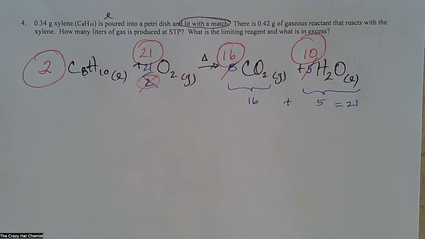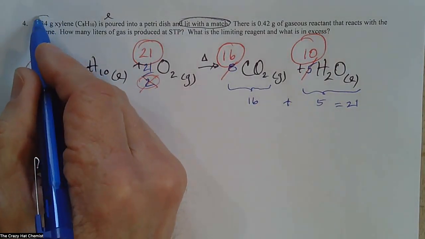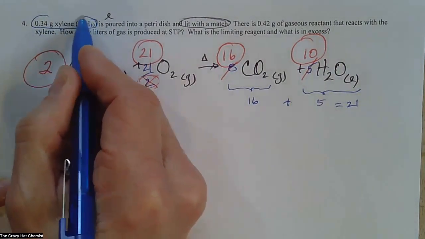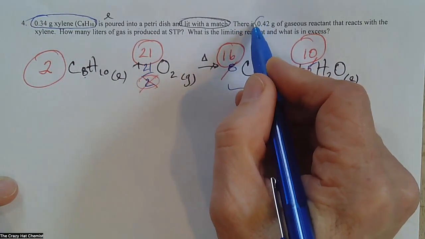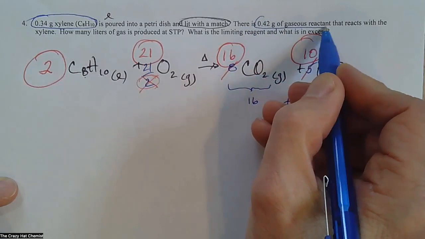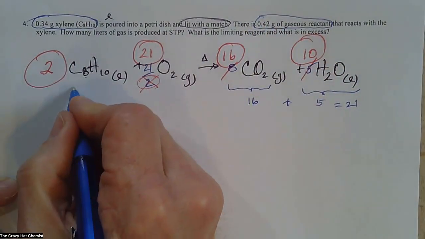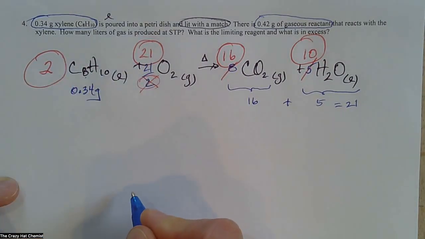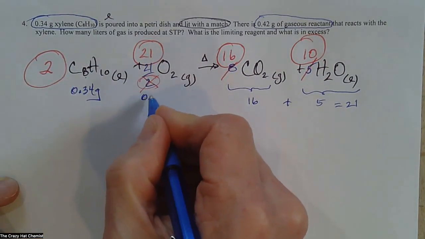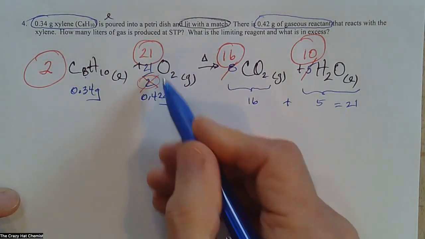All right, cool. So now we're going to find the number of which we have, and it has 0.34 grams of xylene. And then it says there is 0.42 grams of gaseous reactant. Oh my. So this is what we're going to do. I'm going to say 0.34 grams of that xylene, and then 0.42 grams of the other gaseous reactant.